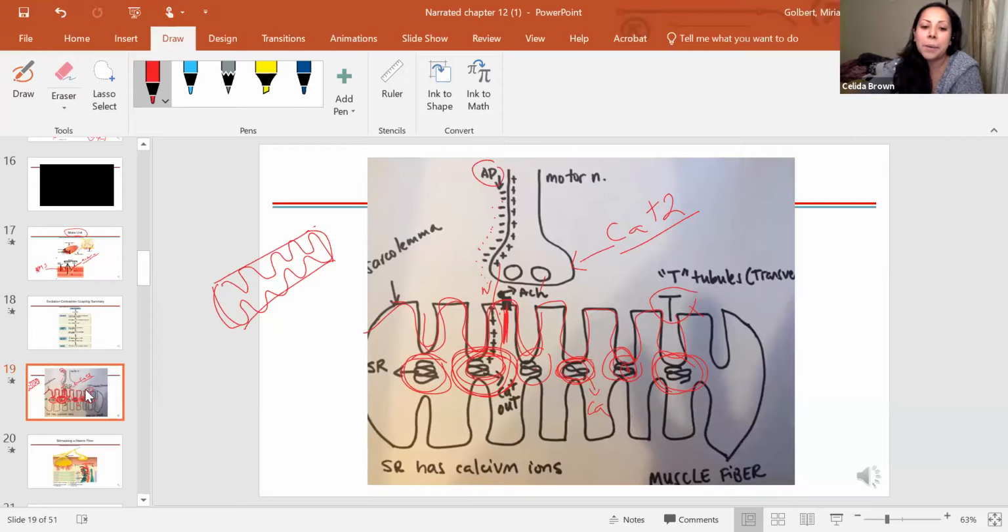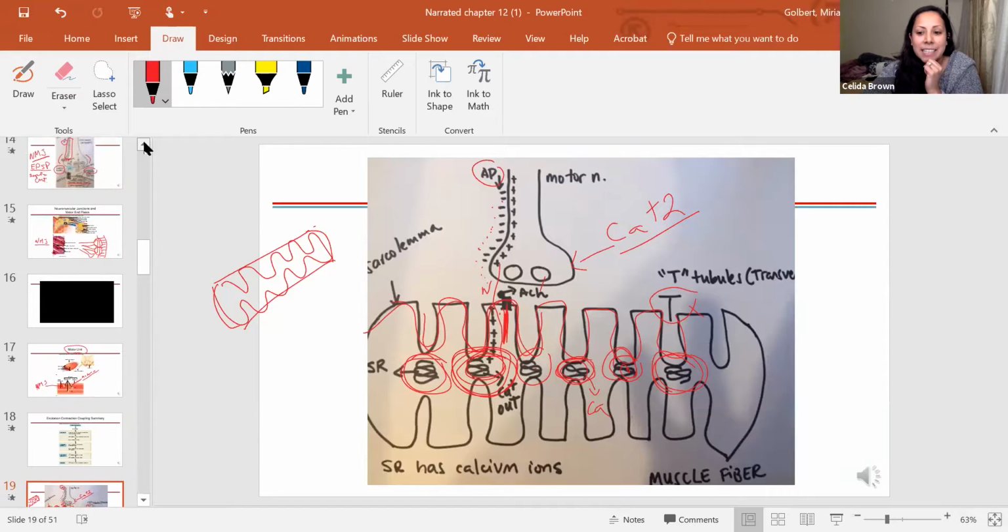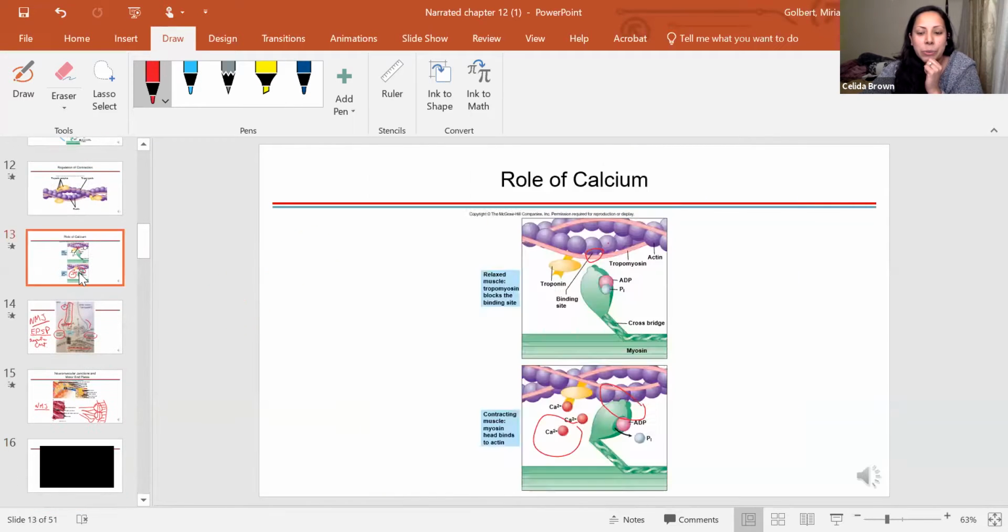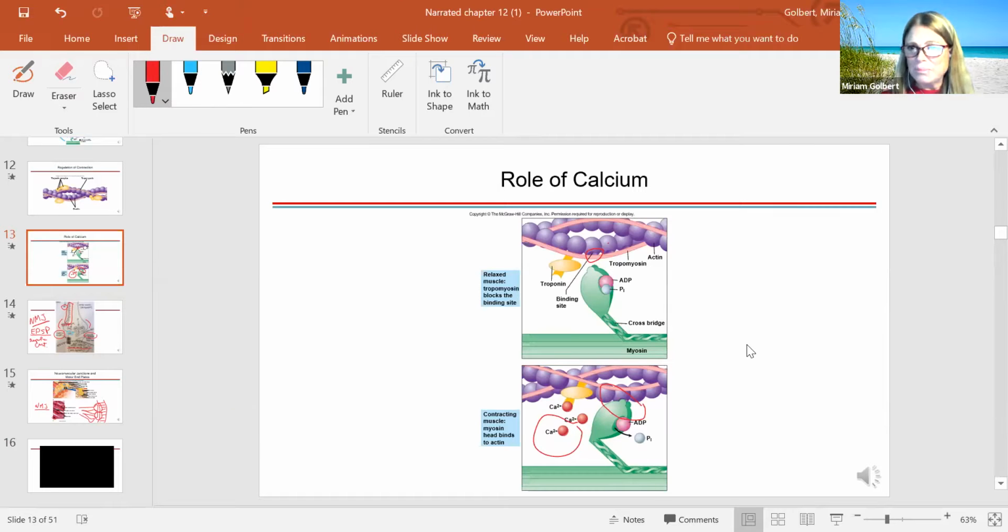Okay, so then it travels into the sarcolemma, which then travels down to the sarcoplasmic reticulum, only helped by the T tubules. This then causes the release of calcium into the sarcoplasm.